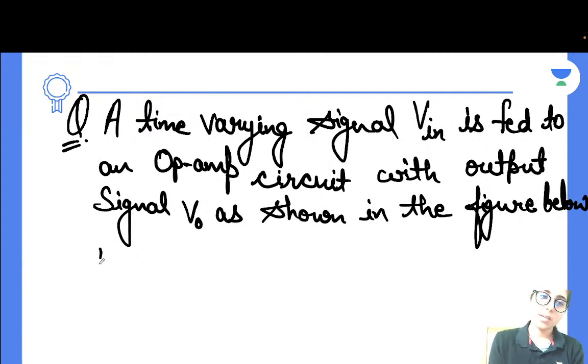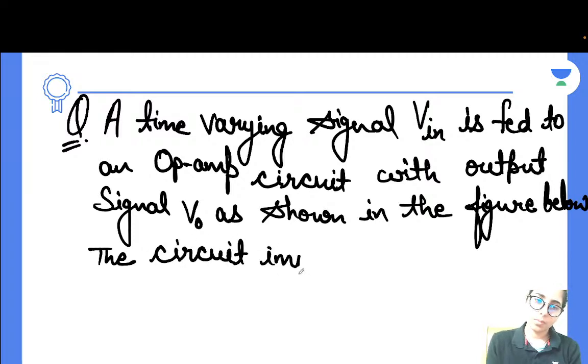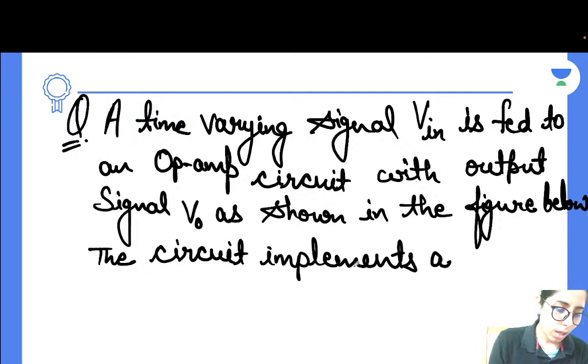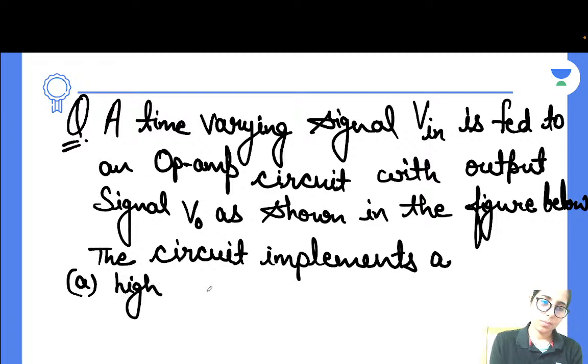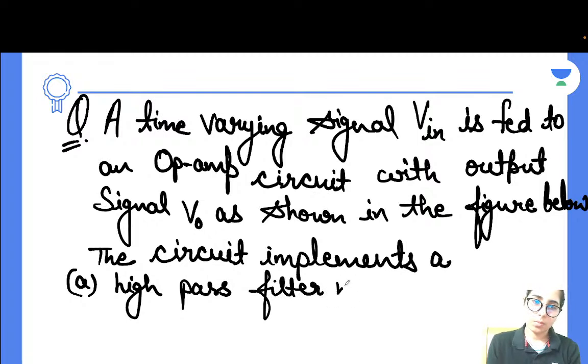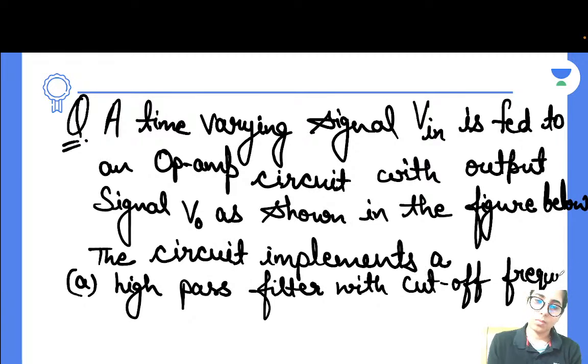The circuit implements, I'll be drawing the circuit on the next slide, option A: high pass filter with cutoff frequency some Hertz.